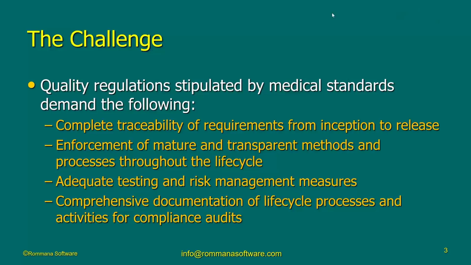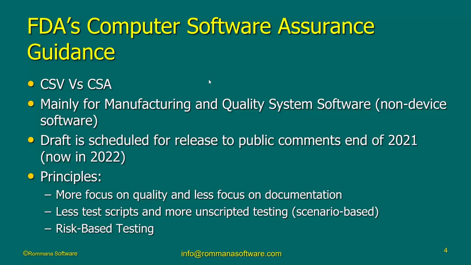Now, recently, if you're familiar with this, FDA has decided to change the approach of computer software validation, the CSV, which has been stated in the standards for years and years, into what they call the CSA, the Computer Software Assurance.